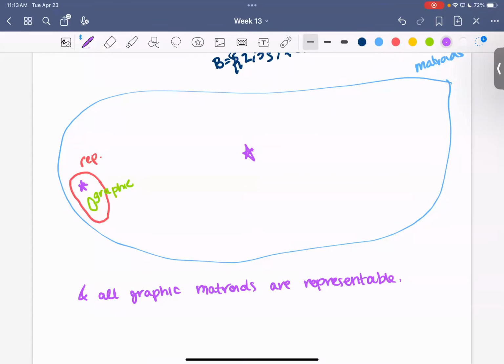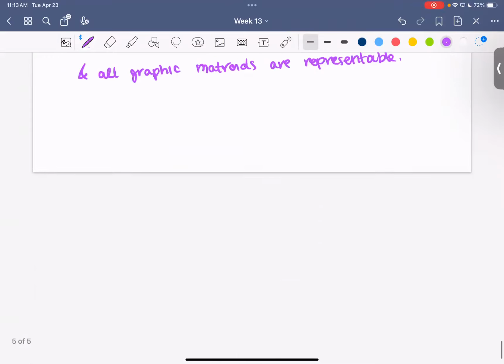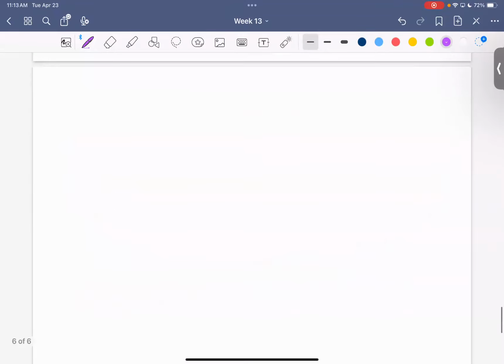Okay, so let's do all graphic matroids are representable first, and then we'll see the other two examples.